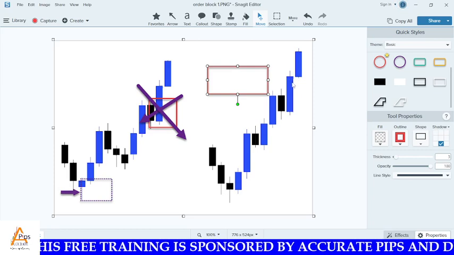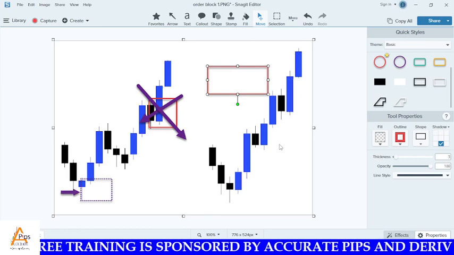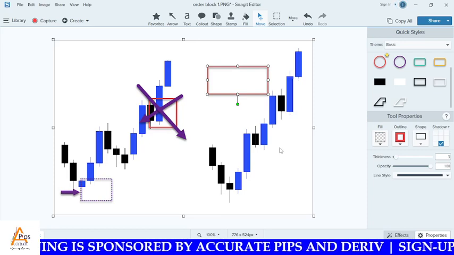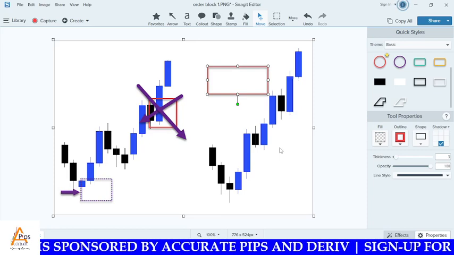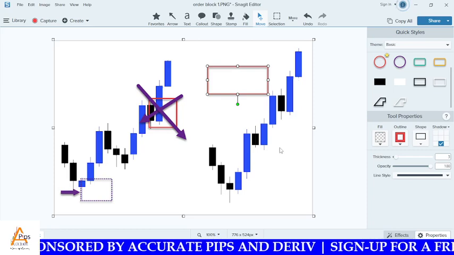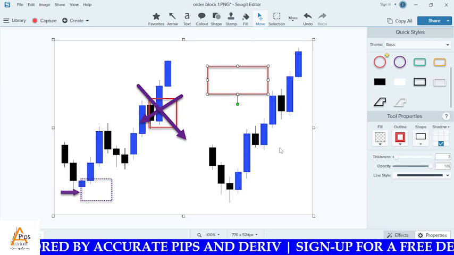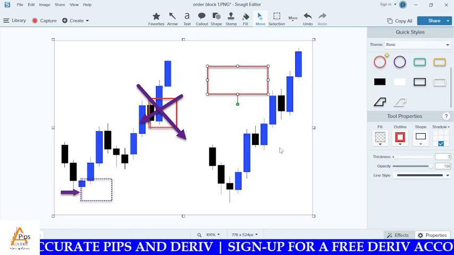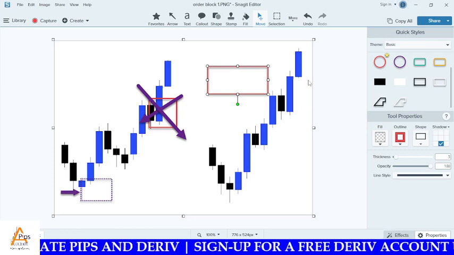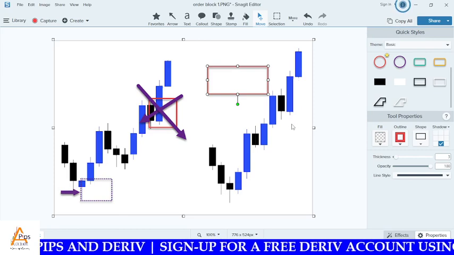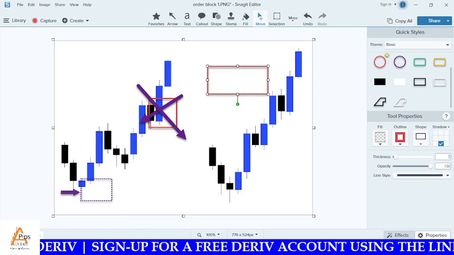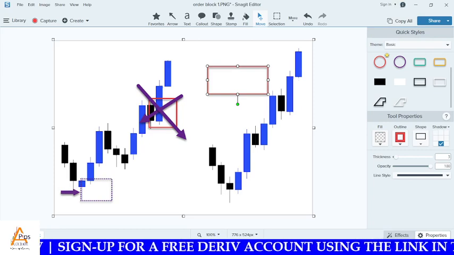So we can't use it either as an order block. And it is vice versa when we are looking at the bearish market. So let's quickly look at a few examples on the live chart. Then we can call it a day. So let me share the live chart with you, and then we move on from there.